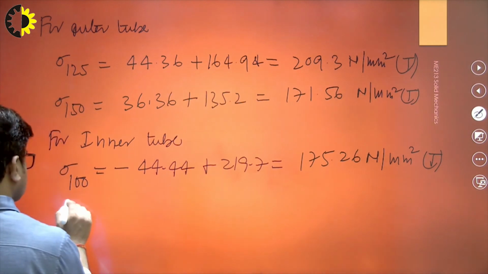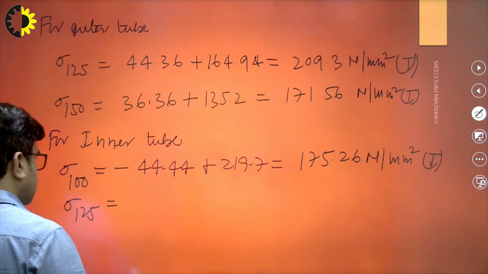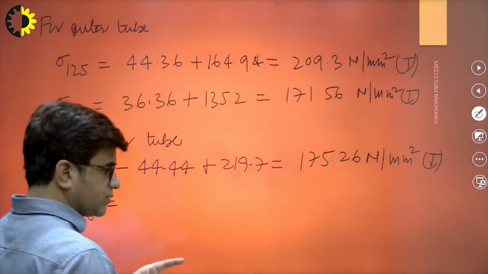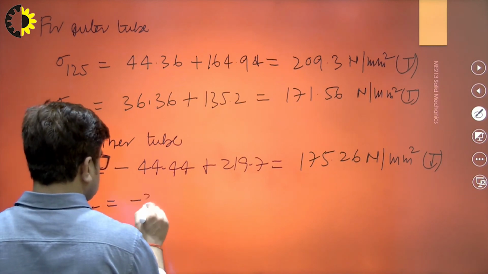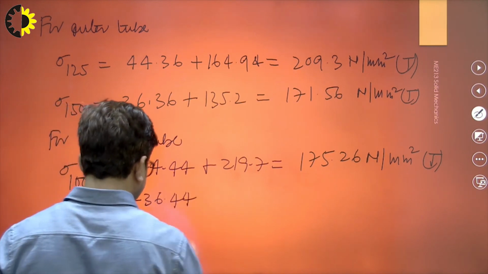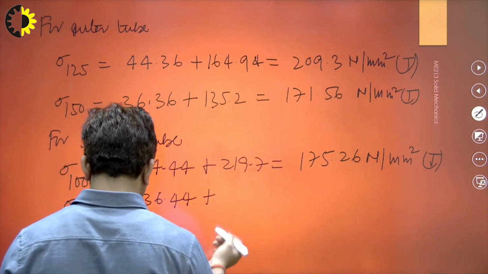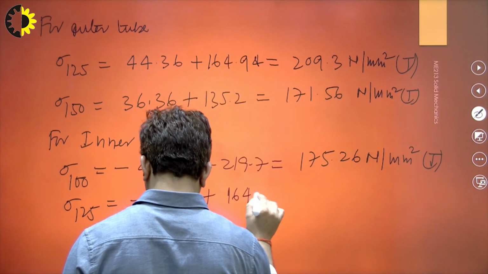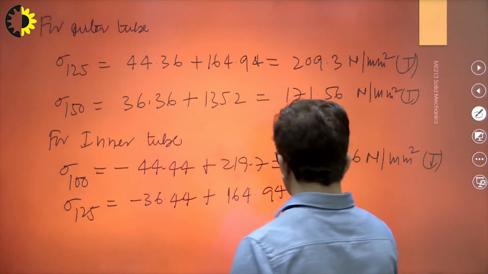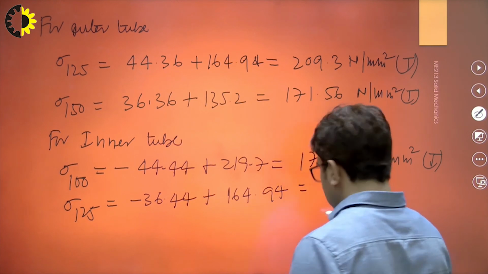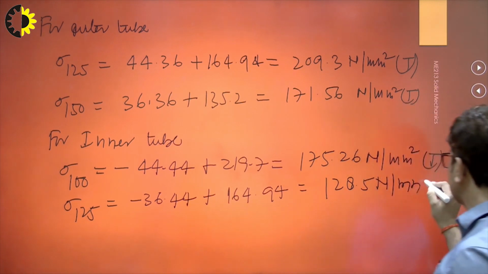Now sigma at 125 mm radius, one because of shrinking and one because of fluid pressure. Because of shrinking, minus 36.44, this is negative, plus 164.94, and this comes out as 128.5 Newton per mm square.